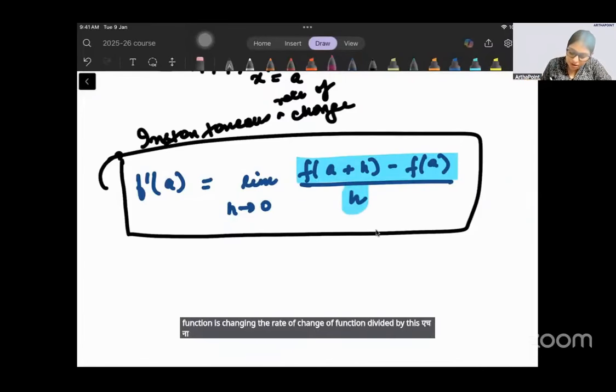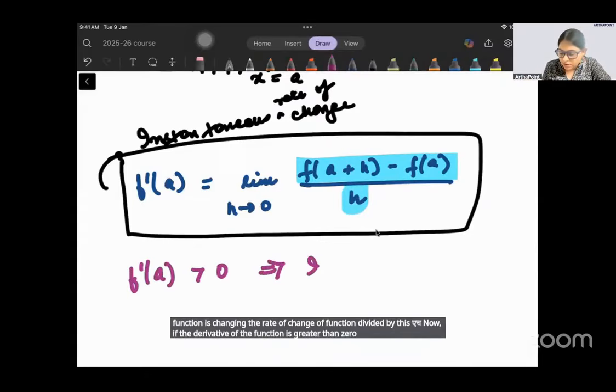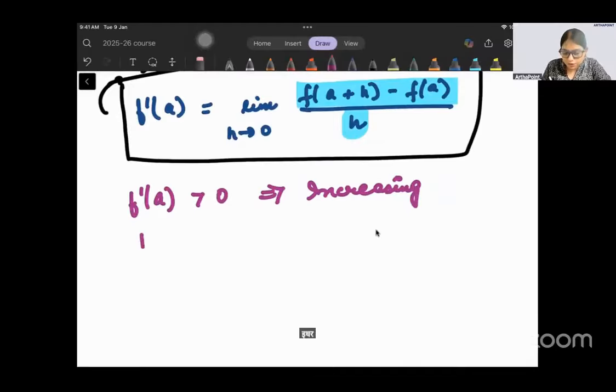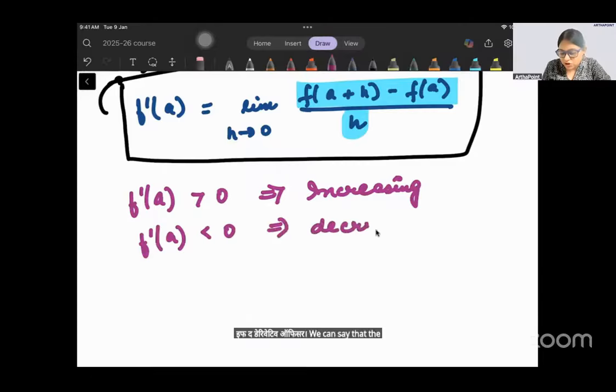Now, if the derivative of the function is greater than 0, we can say that the function is increasing. If the derivative of the function is less than 0, we can say that the function is decreasing.